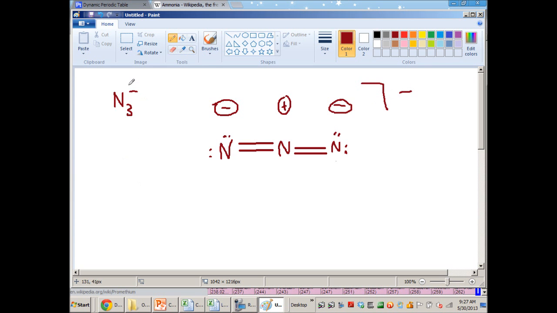So we actually wrote a good structure for this because we, 1, satisfied all the octets, 2, have the right number of electrons that did not screw up the actual charge we started with, and 3, we just didn't do anything crazy. We don't have more than 8 electrons surrounding any of these nitrogens. It's all consistent. Okay, so that's my last example.